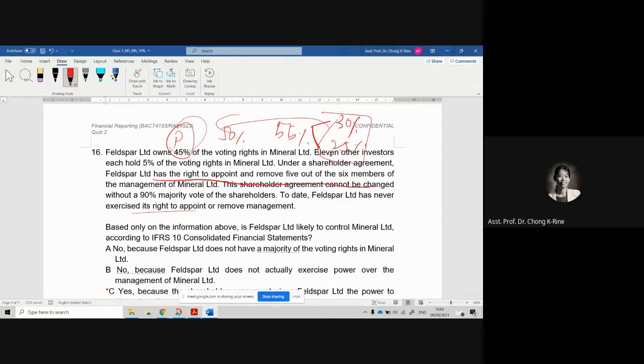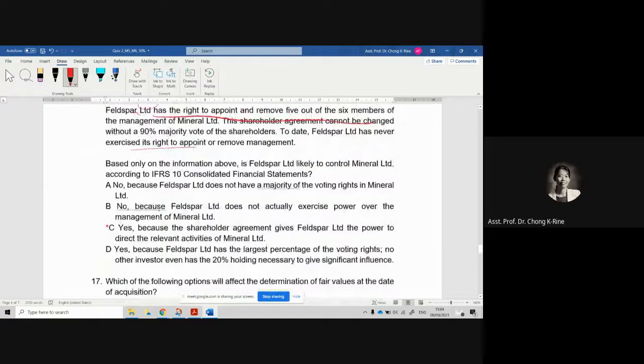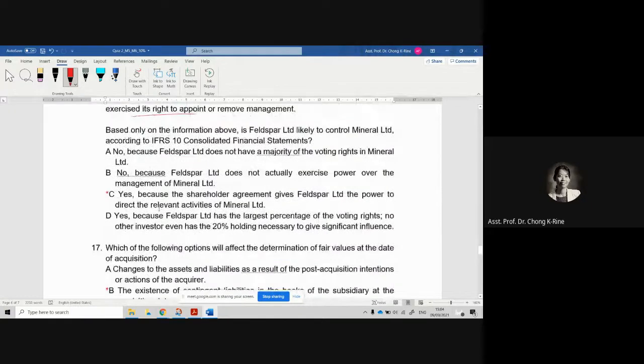However, if every other holds like 5%, only we hold 45%, apparently, in substance, we are the parent. We are in control. We have to prepare the consolidated financial statement. And then we can direct the activities. We don't exercise our right, that one is our problem, but we can exercise anytime. So C is the answer.